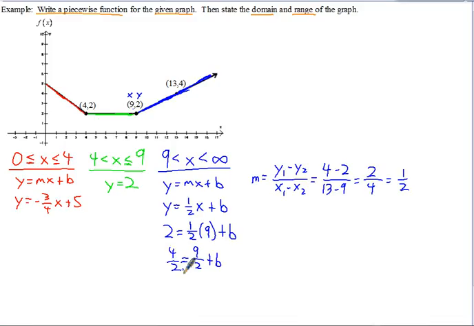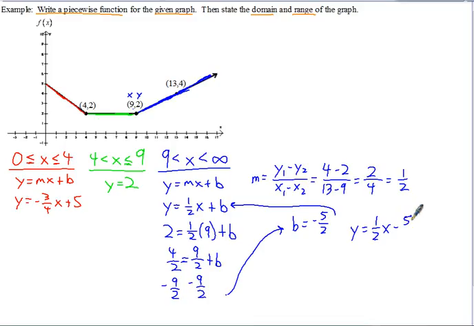And then when you subtract 9/2 to isolate the b, 4/2 minus 9/2 gives you negative 5/2 for b. And then we can substitute that right in here. So our equation for this piece is y equals 1/2 x minus 5/2.